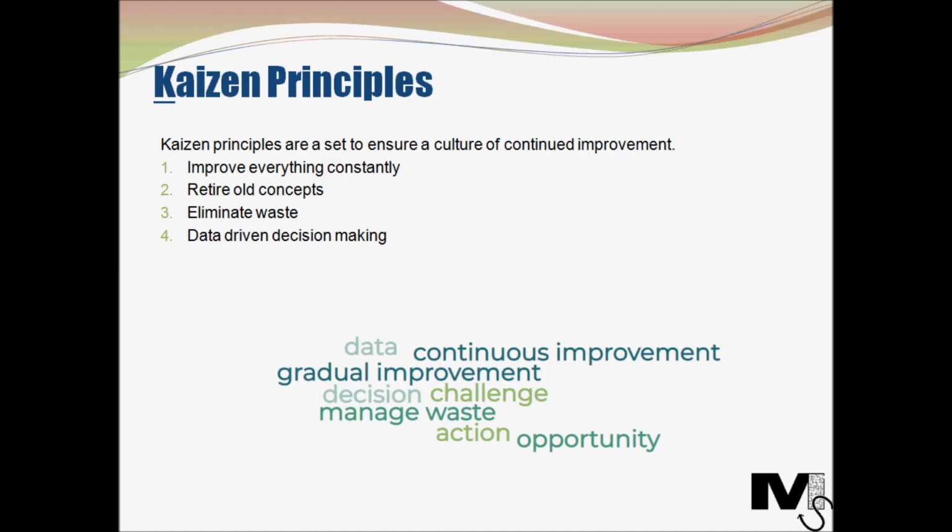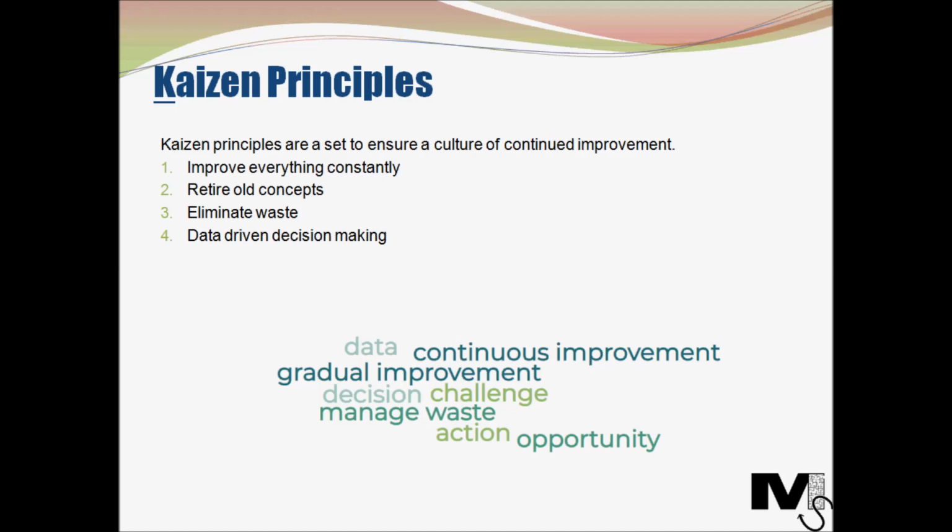Retire old concepts. This is usually easier said than done. The Kaizen method stresses the importance of identifying and retiring old processes that no longer serve the objectives of the business. Doing this will help pave the way for newer, more efficient processes. Eliminate waste.